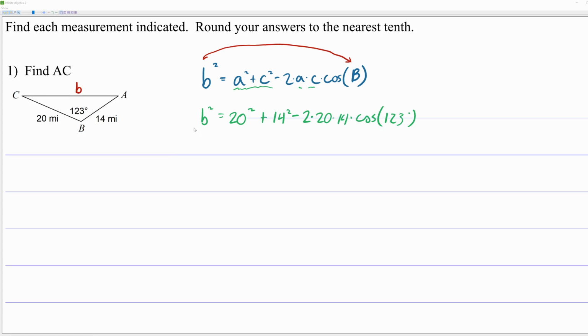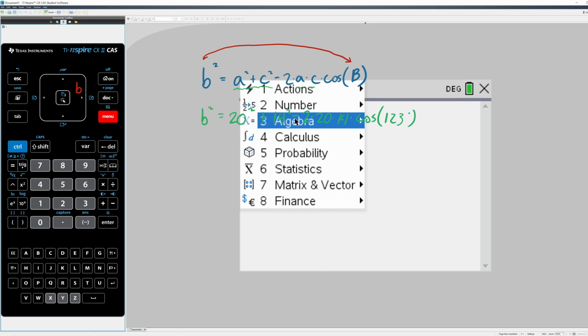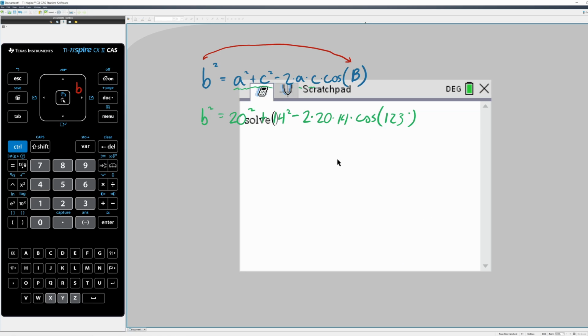So all I have to do is solve this equation, which we could do by hand. You'd have to take the square root on both sides. We are going to use a relatively powerful calculator in this class, so menu, algebra, we can just solve this equation. We have b squared equals 20 squared plus 14 squared.